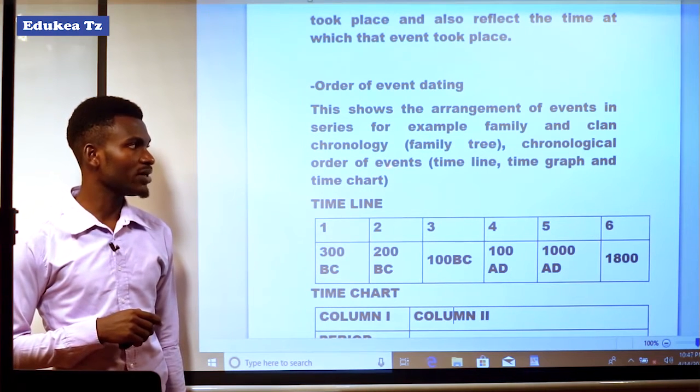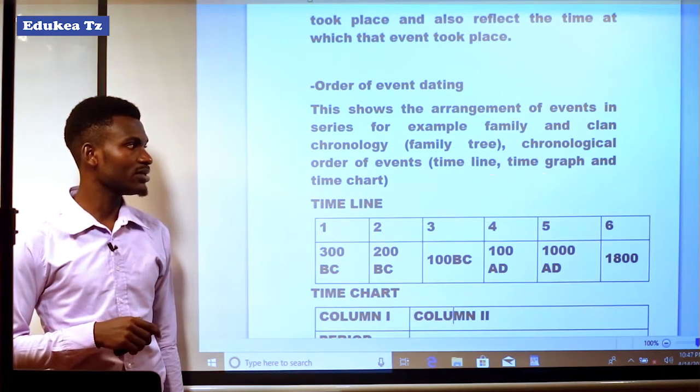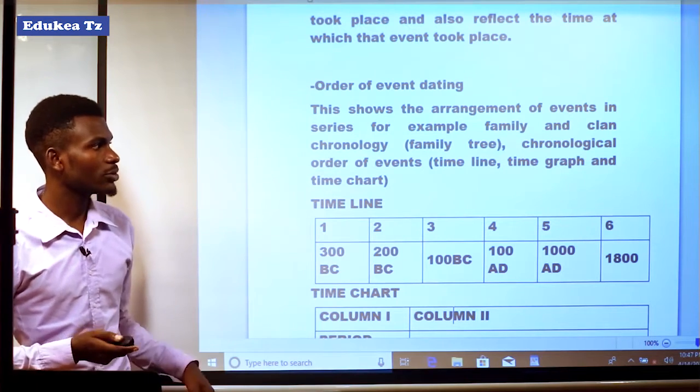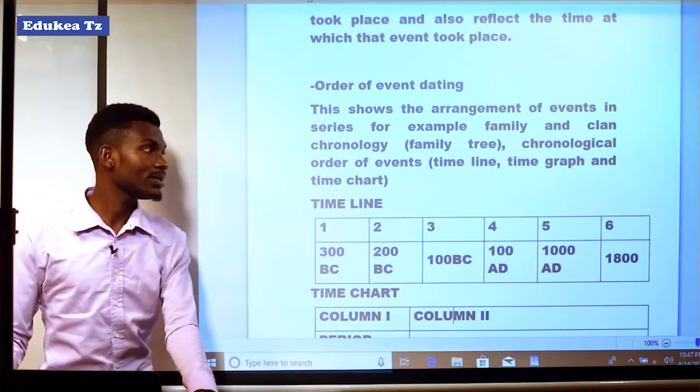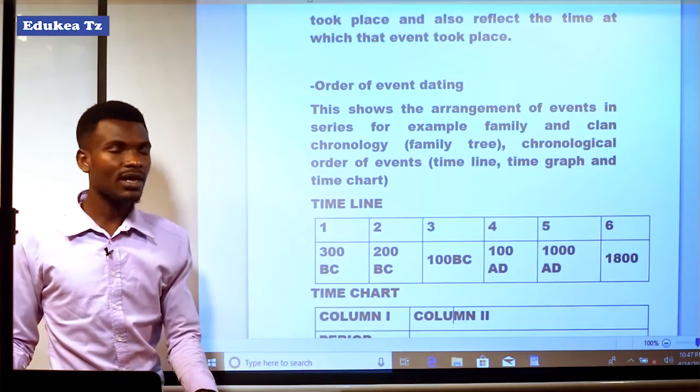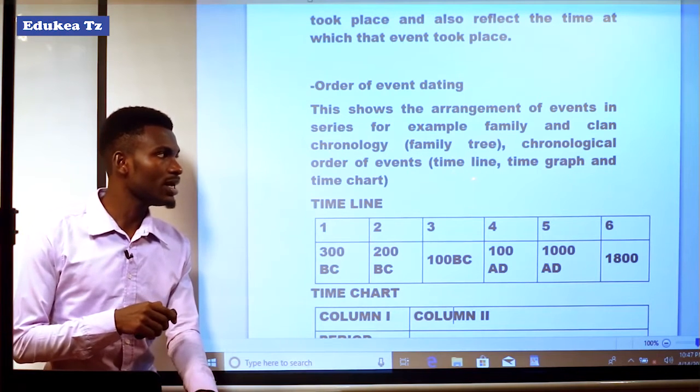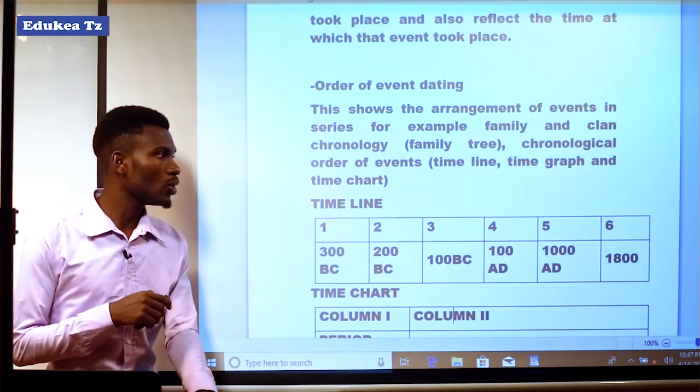The chronological order of events can be shown in a timeline, time graph or time chart.